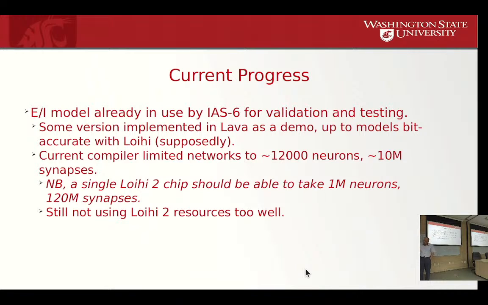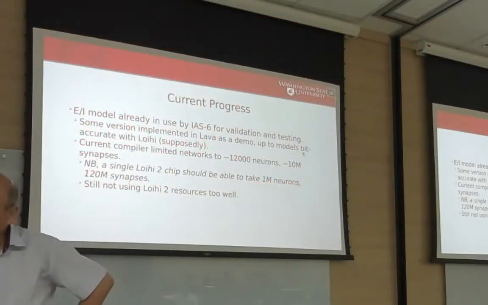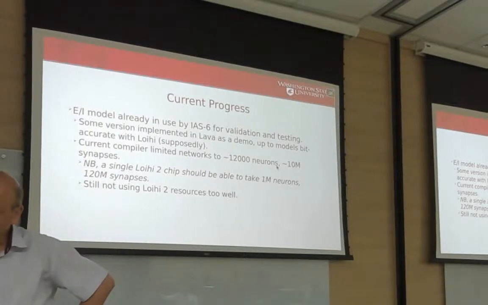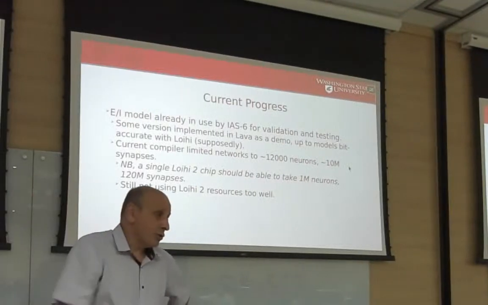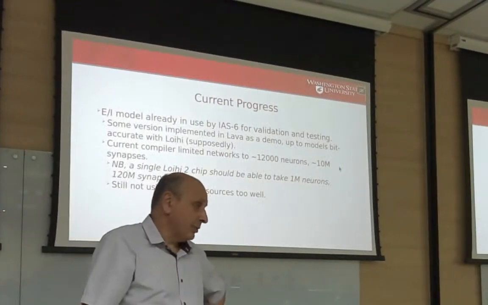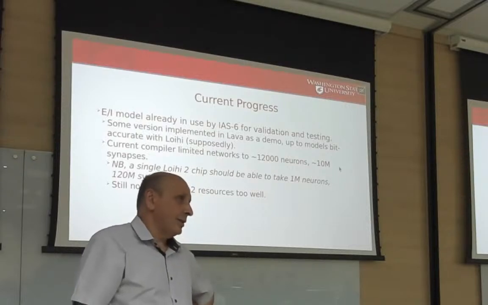Current progress here, I'll show some of that. We hit some limitations of Intel compilers, so we could compile networks of about 12,000 neurons and 10 million synapses, which from the high performance computing group and NEST was laughable.